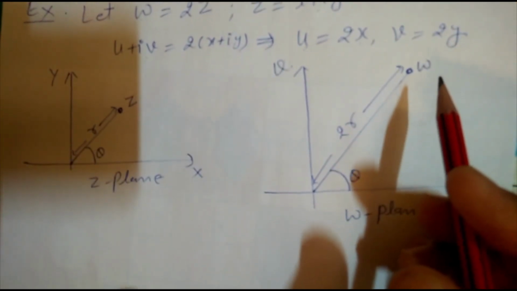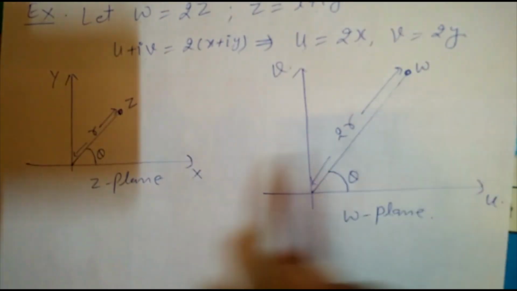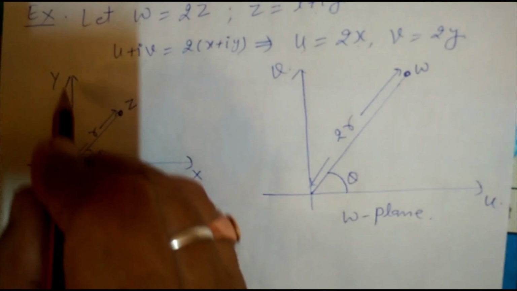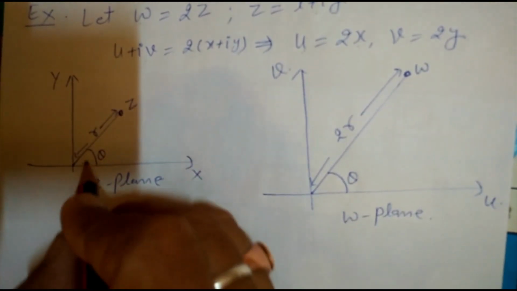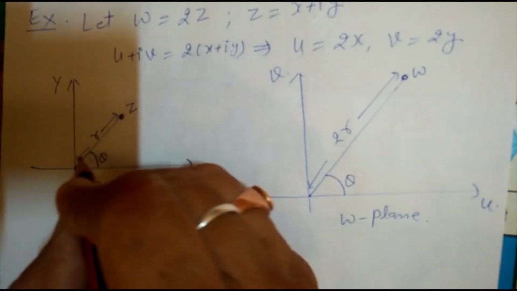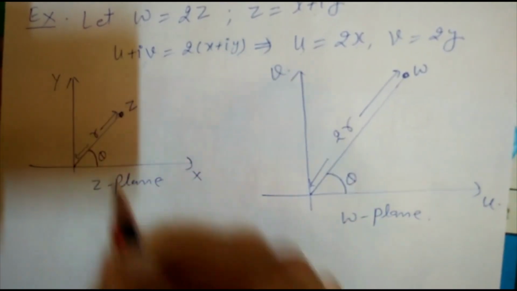In that case, if we explain this with the help of the graphical representation, so this is the z plane, that is x axis and y axis, and say this angle is theta, and this is a point z with modulus r.